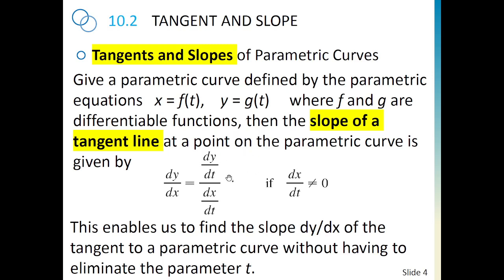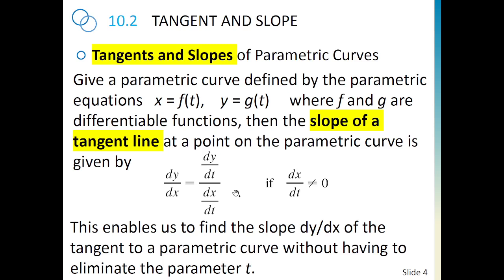So basically this is the formula. We have the variation of y in time, dy/dt, and the variation of x, dx/dt. It's quite simple: we just have the ratio of two derivatives, dy/dt and dx/dt. Obviously in this case we need to make sure that dx/dt is not zero, so we don't have division by zero.